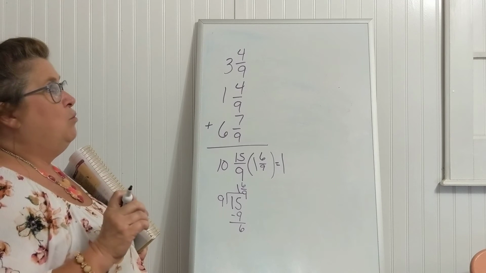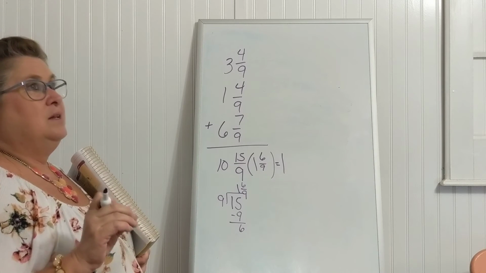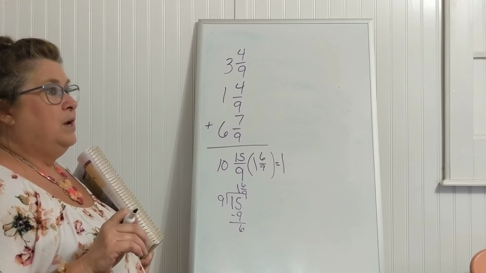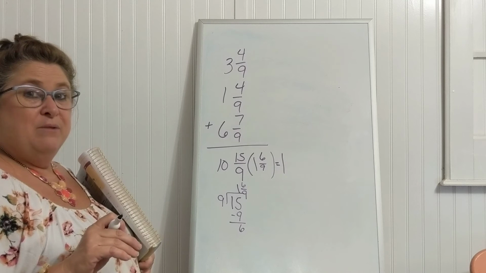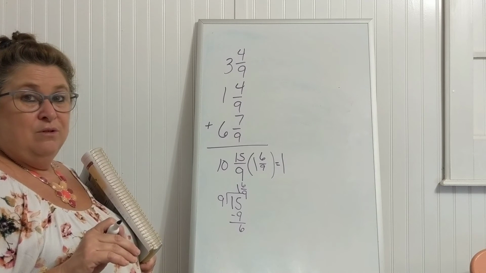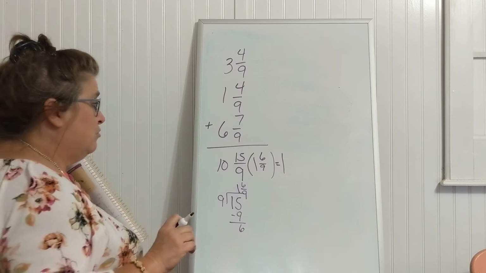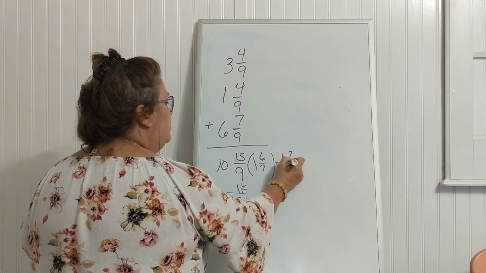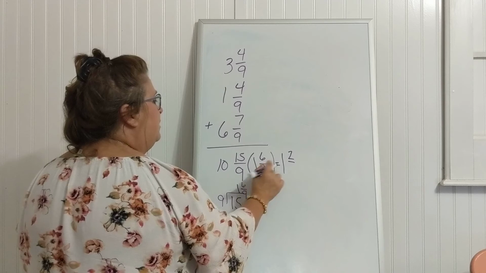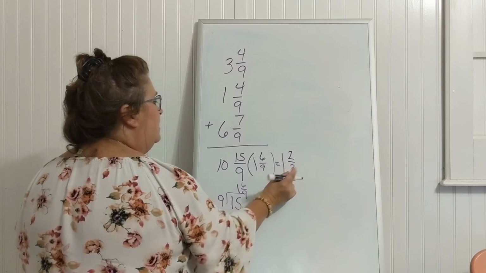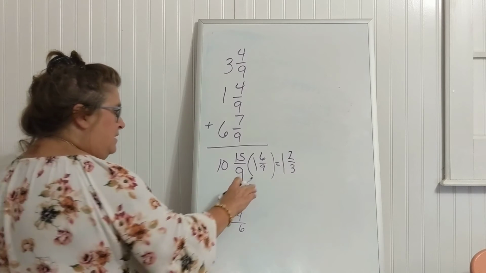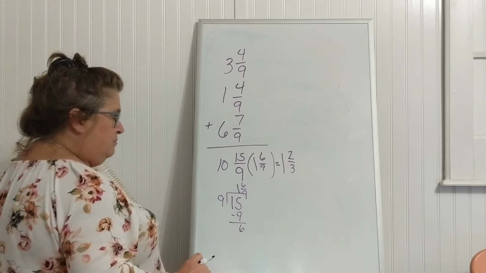Factors for 6 are 1, 2, 3, and 6. Factors for 9 are 1, 3, and 9. What was my greatest common factor? My greatest common factor is 3. So we're going to say 6 divided by 3 equals 2, and 9 divided by 3 equals 3. So that is my mixed number reduced to lowest terms.